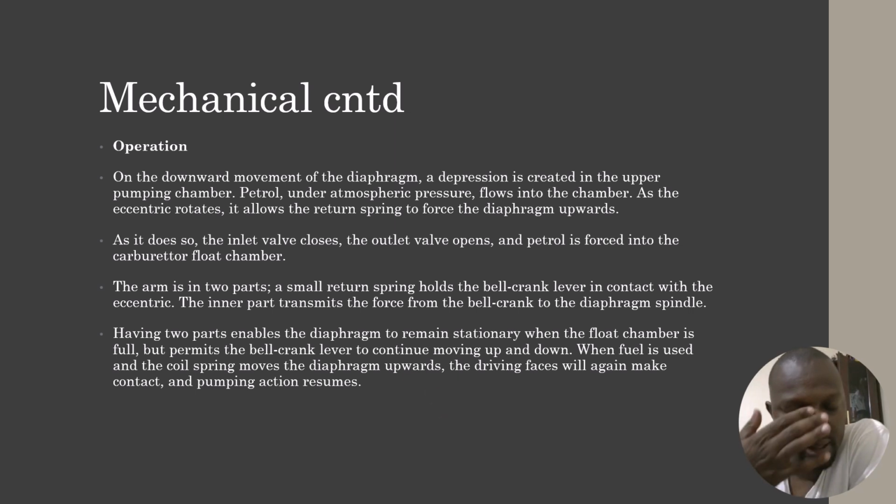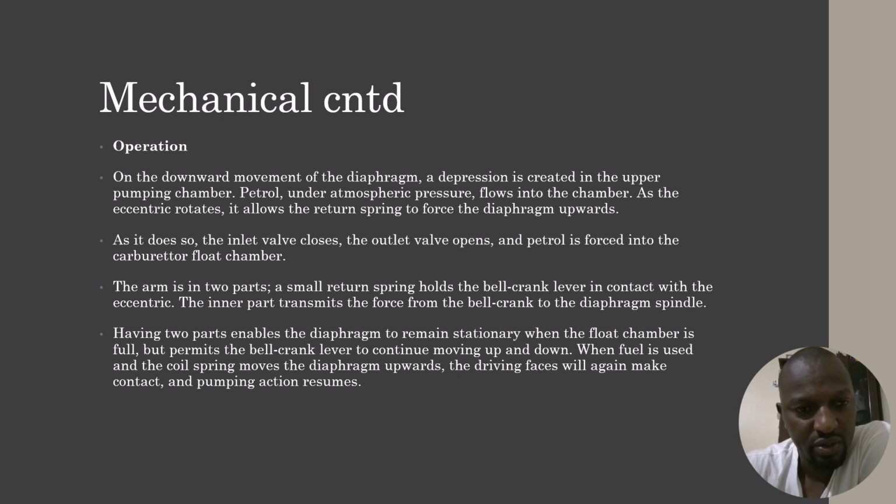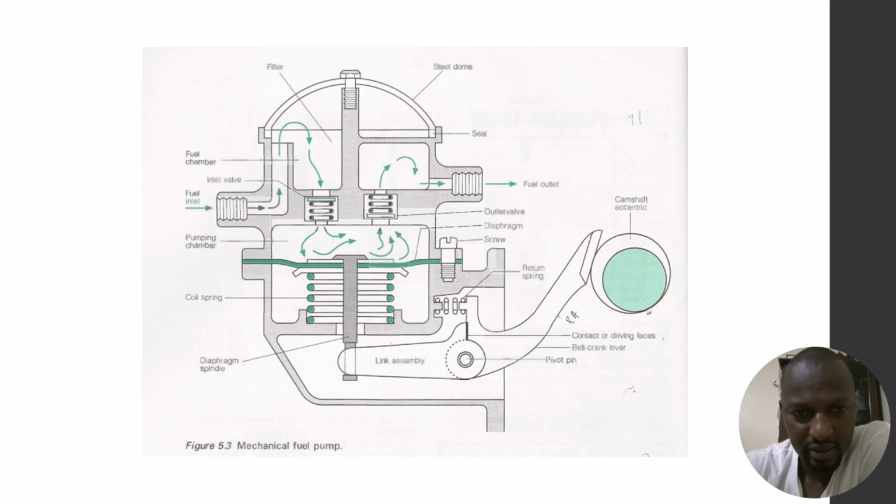We say that this pump is operated by the engine as it runs, and I want to use that image to demonstrate how this pump works. Let me use this image.